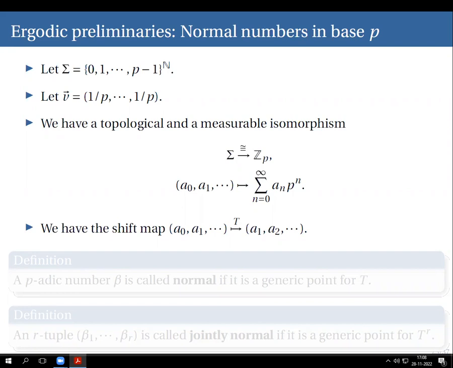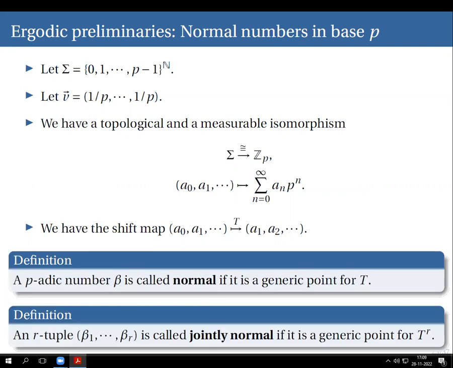This alphabet space to the N is actually isomorphic to Z_p as topological spaces and as measurable spaces. And then we have the shift map that I want to look at, which you can also think of in Z_p. A p-adic number is called normal if it's a generic point for the shift map. And in general, an R-tuple of p-adic numbers is called jointly normal if it's a generic point for this R-fold product T to the R.